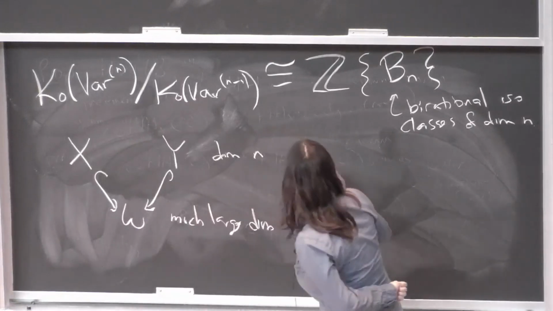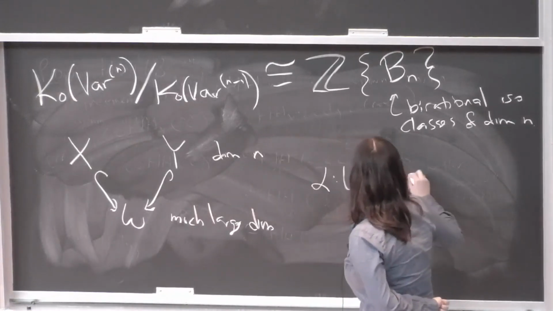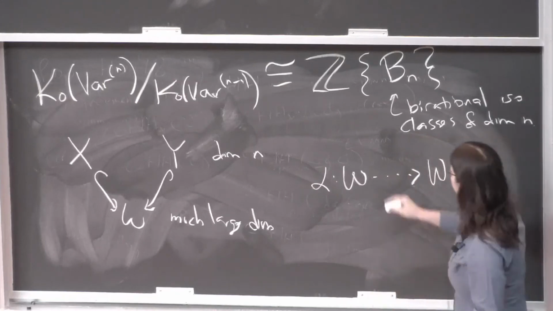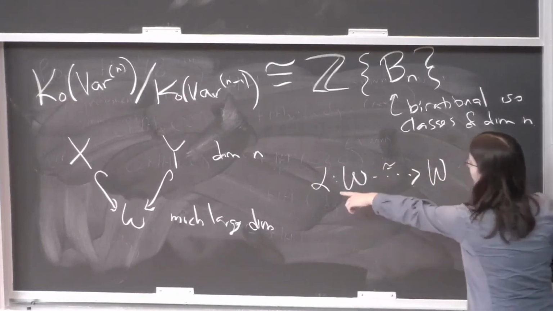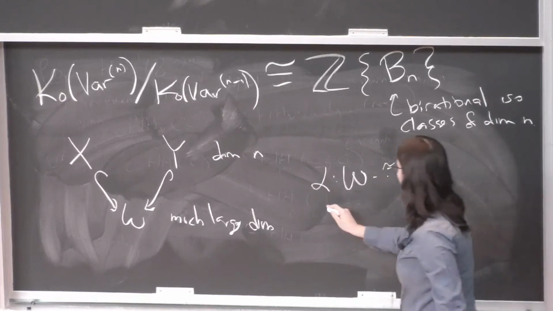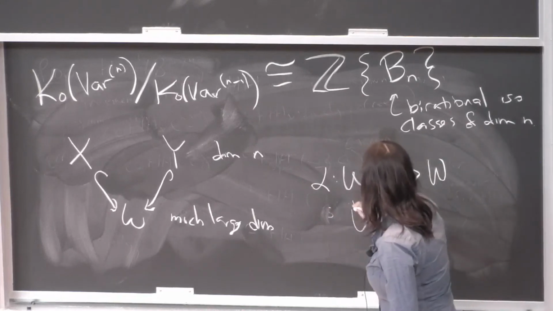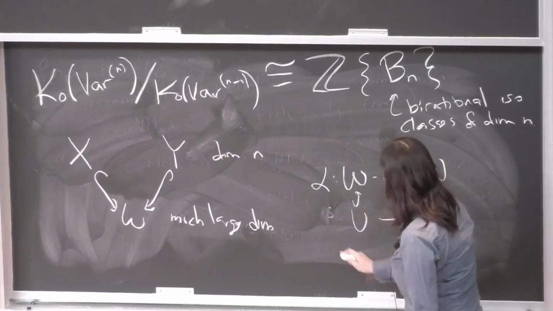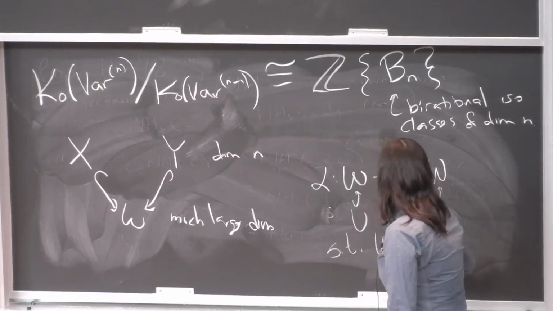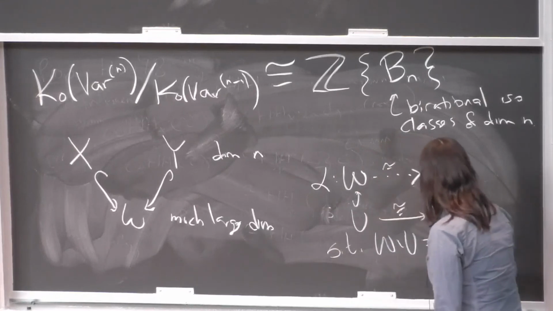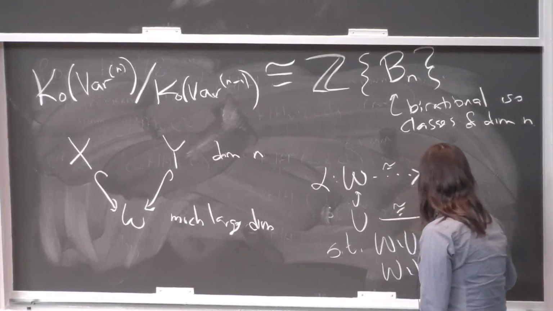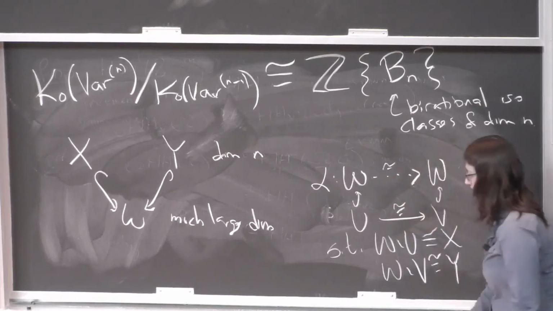And suppose that we have a birational automorphism from W to itself. So this is an isomorphism from U to V, such that the complement of U is X, and the complement of V is Y.